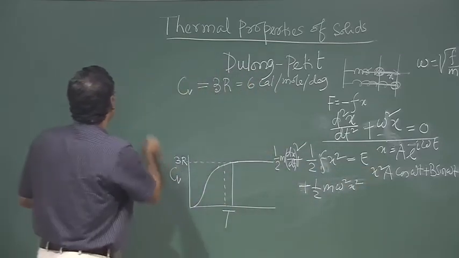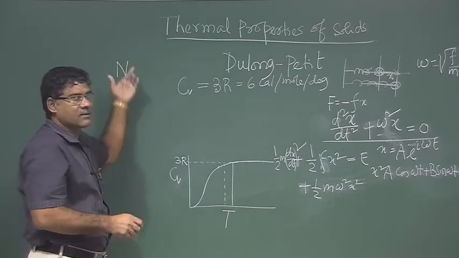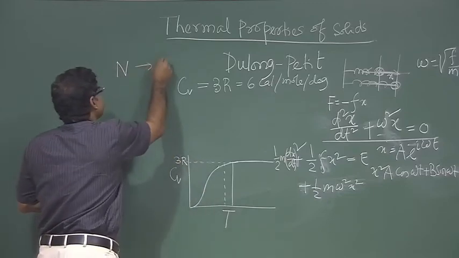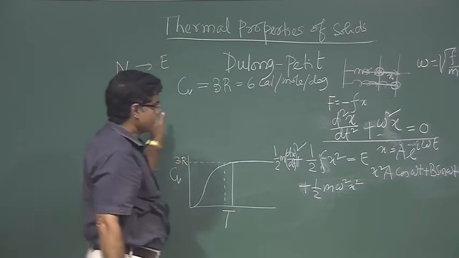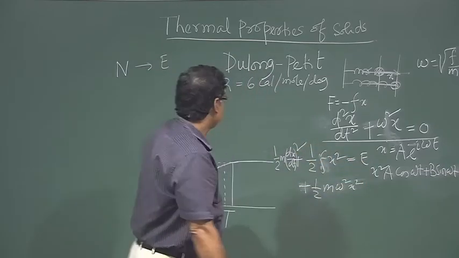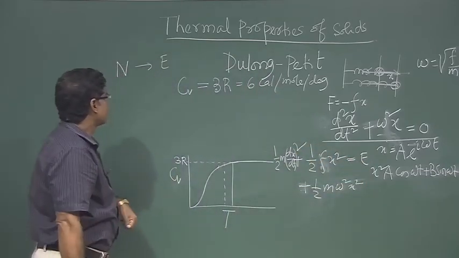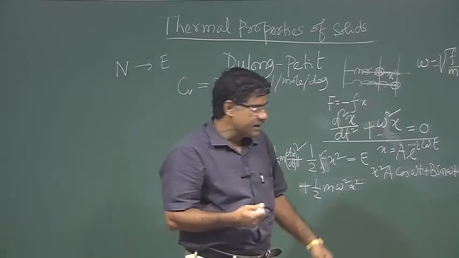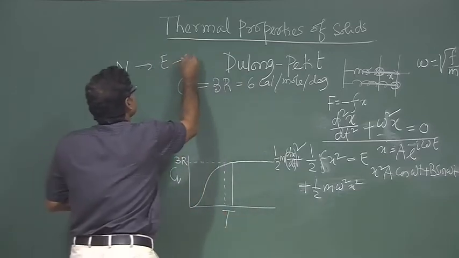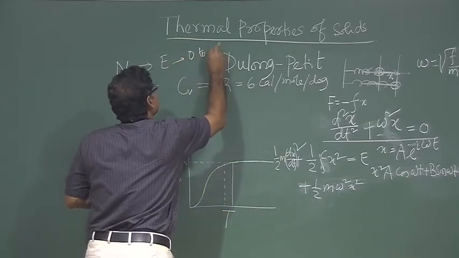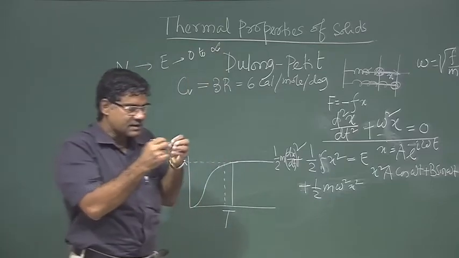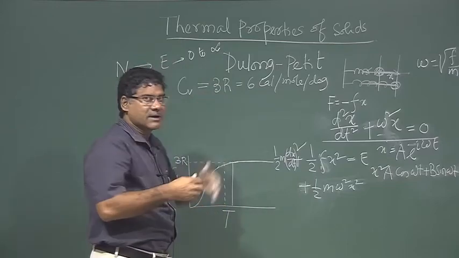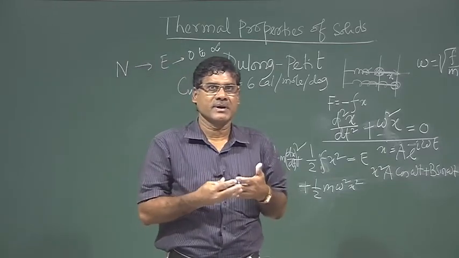How many such oscillators do I have? n oscillators are there, and its energy is E. Now E can vary from 0 to infinity, because the oscillators are oscillating, so they can oscillate with any energy from 0 to infinity.